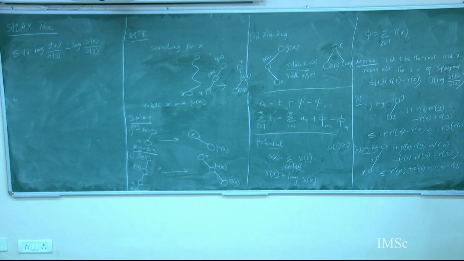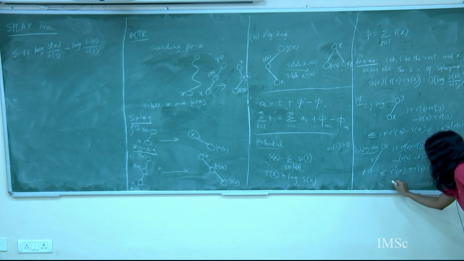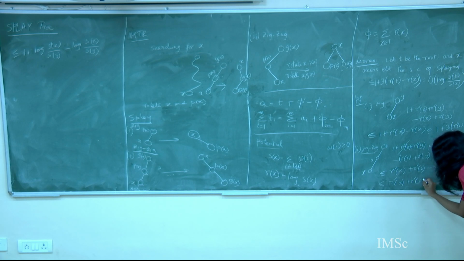This is what we have. Now r of y is more than r of x. So I write it like r prime of x plus r prime of z minus 2 r of x. Is that okay now?